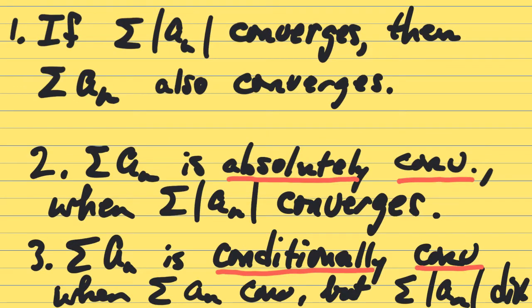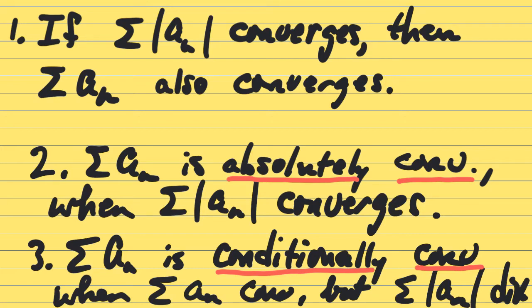We're also going to look at some examples of series that are absolutely convergent, as well as some that are conditionally convergent. If you take the absolute value in your infinite series and that converges, then your series will converge without the absolute value.